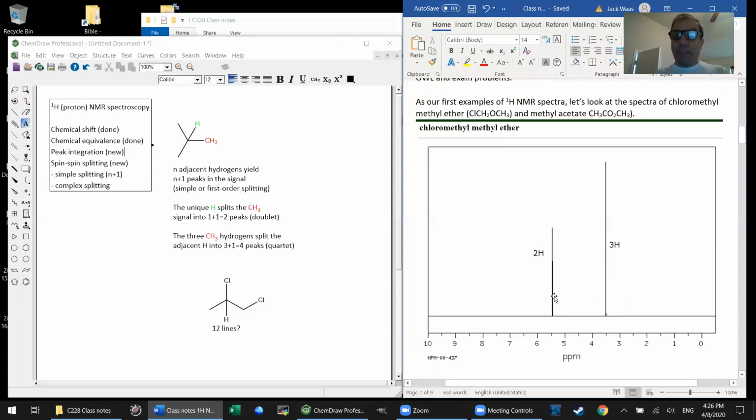The integrals, or the areas under the peaks, are going to be relevant. And there's no way, of course, you can integrate a peak just by looking at it. So often you'll be given peak integrals as you see here. Just be aware again that the area under the peak is proportional to the number of hydrogens that it represents.